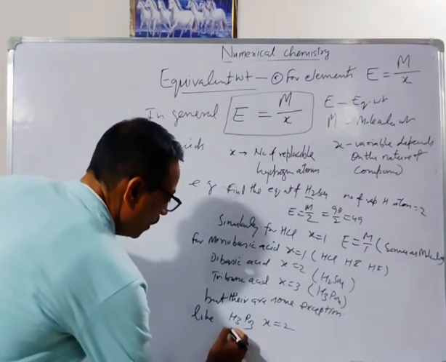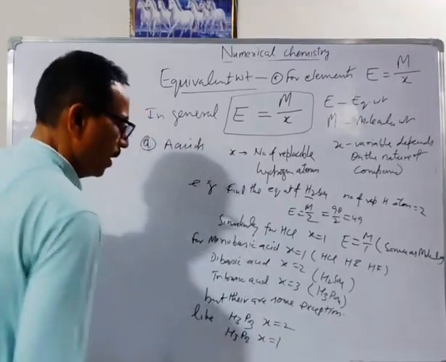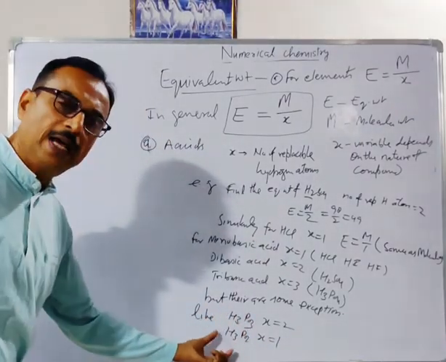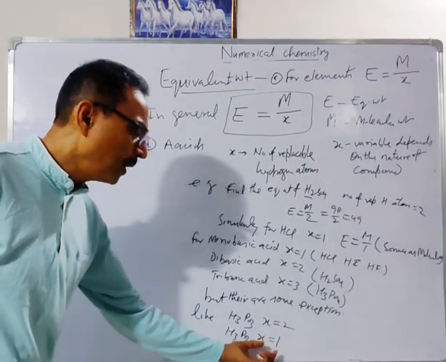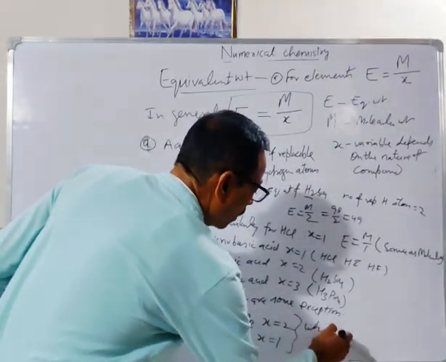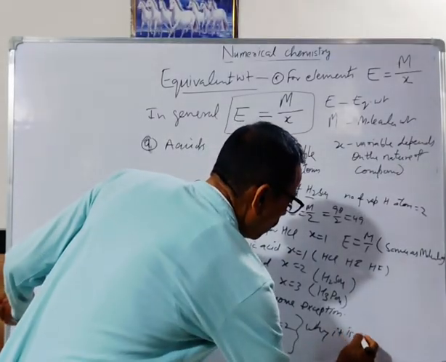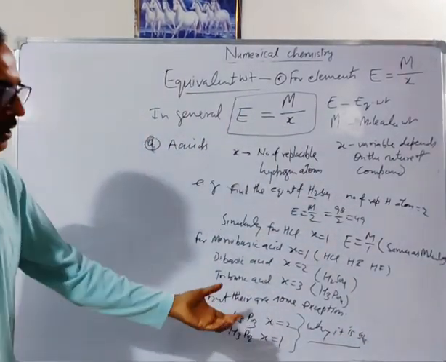Though both acids have 3 hydrogens, in H3PO3 the replaceable number is 2, and here it is 1. Why it is so, I will tell you in the next lecture.